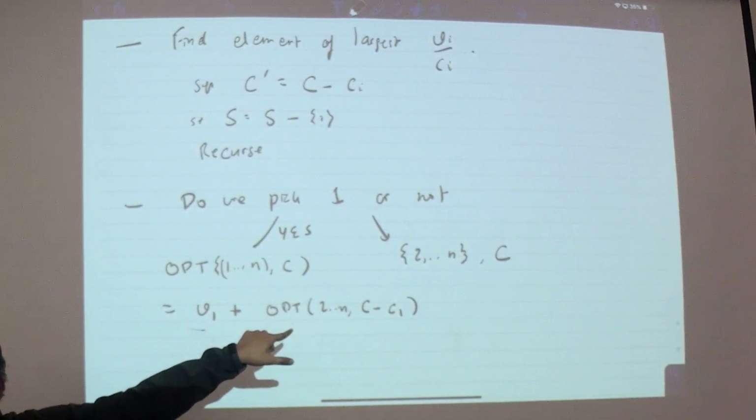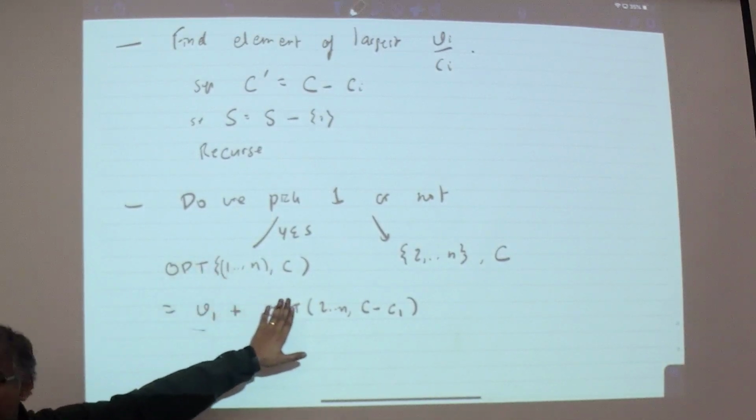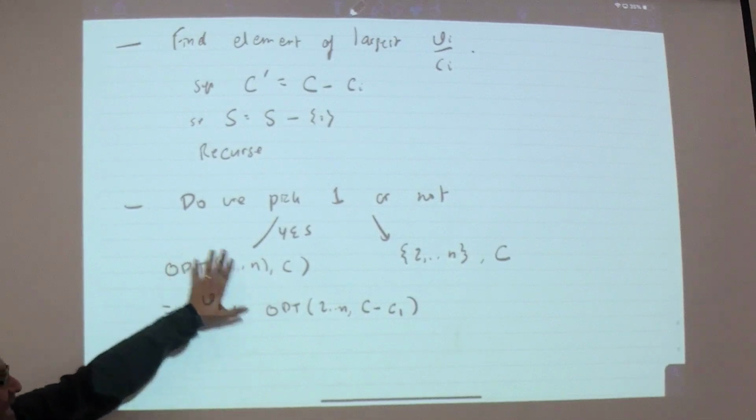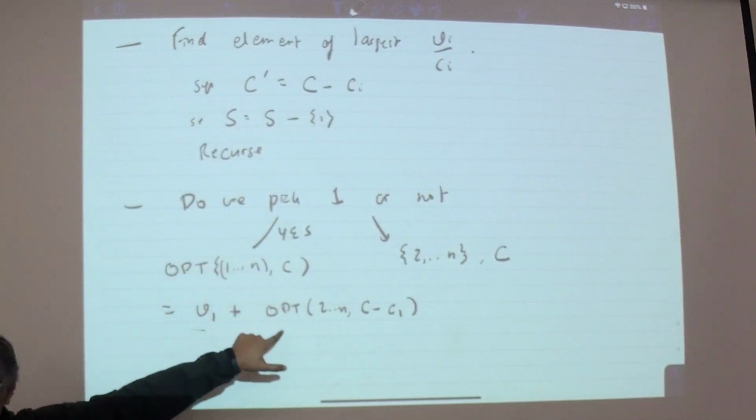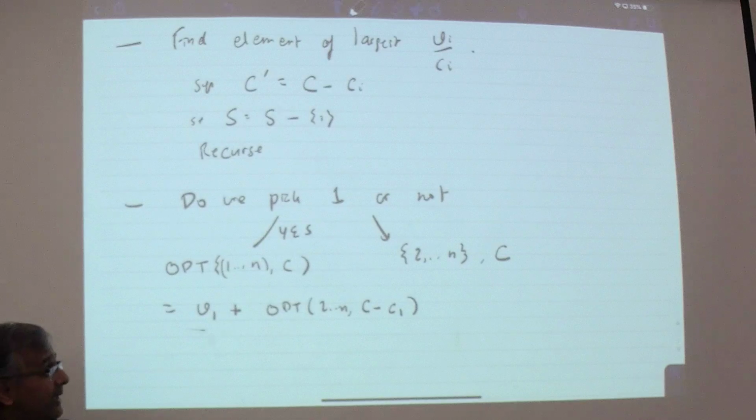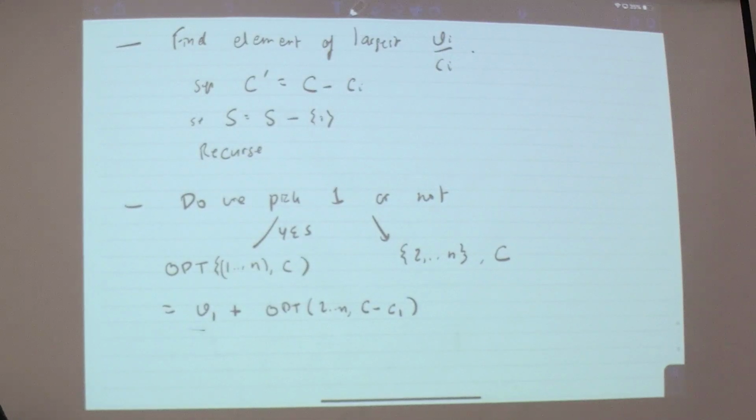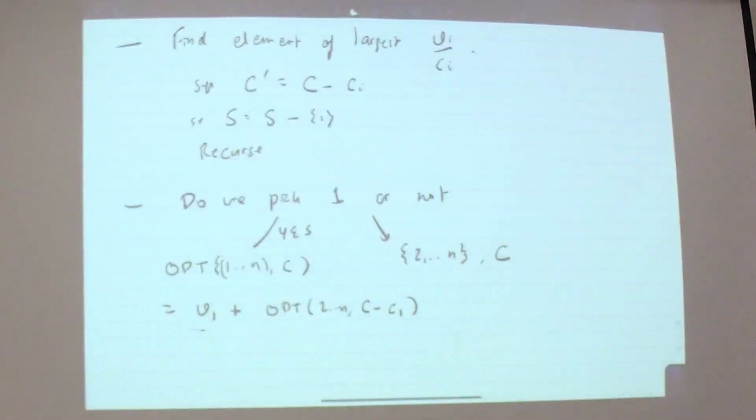And this is where it's different from subset sum. In subset sum, there was just the answer. Here we're talking about the optimal answer. And this is the key property of a dynamic programming problem or dynamic programming solution.